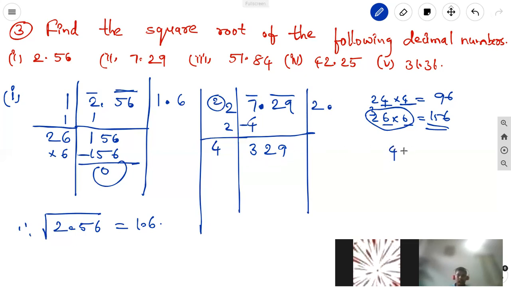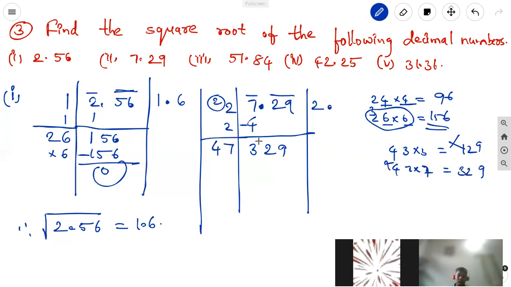Again, what are the numbers? 43 into 3, 3 3s are 9, and 47 into 7, 7 7s are 49. 7 will come. 3 3s are 9, 3 4s are 12, that is no. And 7 7s are 49, 7 4s are 28 plus 4 is 32.